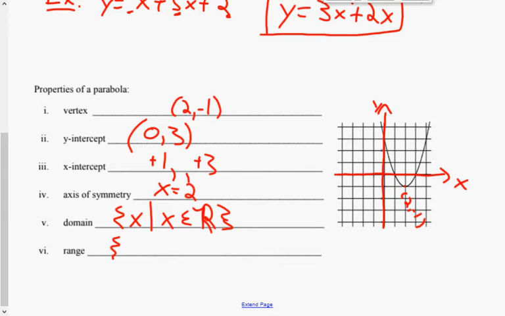So all my y values are going to be bigger than or equal to my vertex. Greater than or equal to -1. Right. Okay.